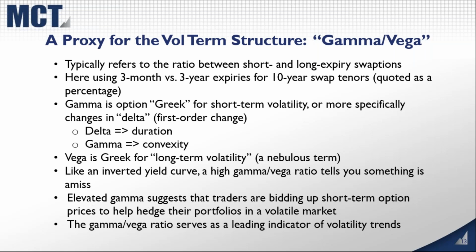Vega is long-term volatility, which is a much more nebulous term if you think about it in option speak. It's kind of the general perception of volatility. And normally, that ratio is around 100% or less if you look at the implied volatility of the short term, the gamma, versus the long-term vega.